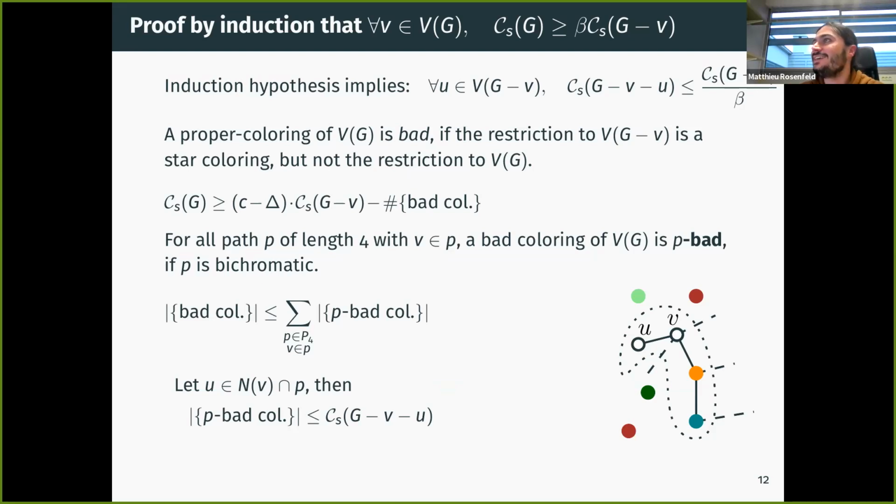Yes, it's even the case before, because in many cases, when you choose a bad color for V, it might be in at least 2 P4 that are both bichromatic. So this might also not be sharp. So none of these equations are sharp. That's true. But somehow they are sharp enough.